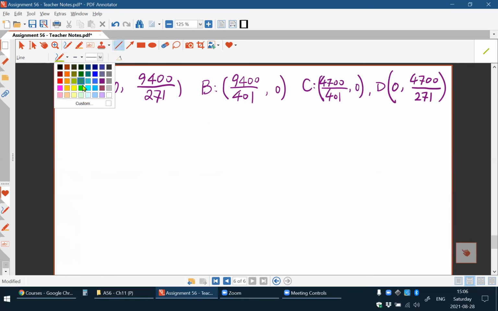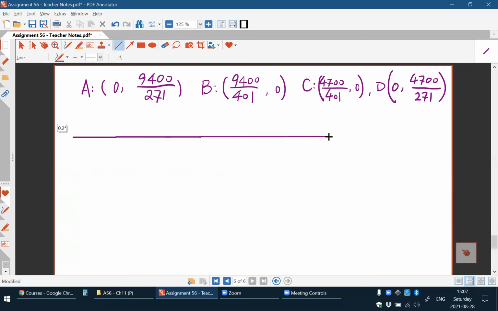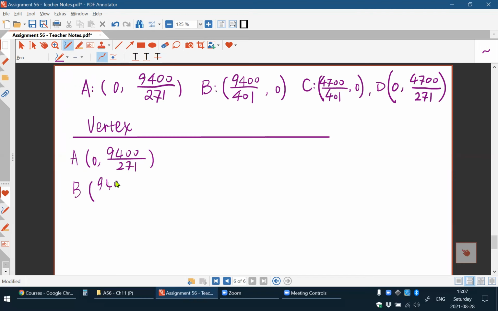Now we need to check the different values of the target function at these vertices. Again, we can use a table to illustrate this. A: 0, 9400 over 271. B: 9400 over 401, 0.